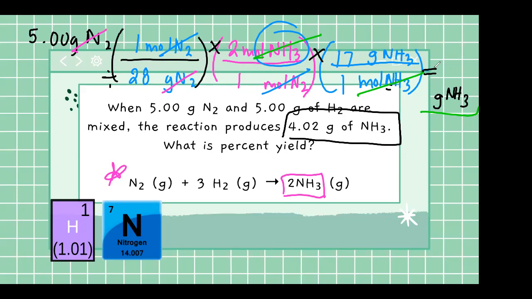But of course, you can break it up into many different steps. You could have plugged this in your calculator and then formed a different equation with this conversion, but it's just up to you on how you do it. This is my way of doing it, but do whatever works for you and what makes sense for you.